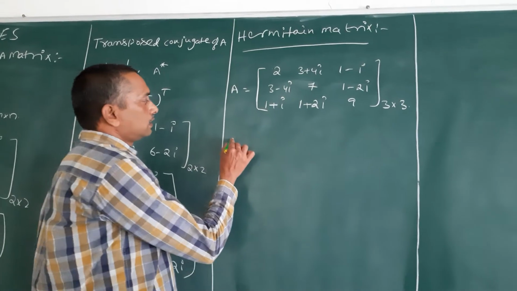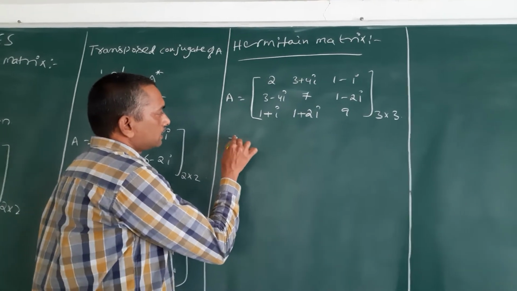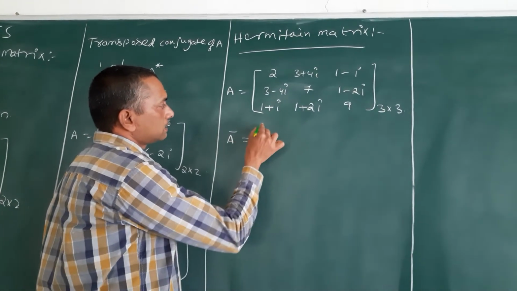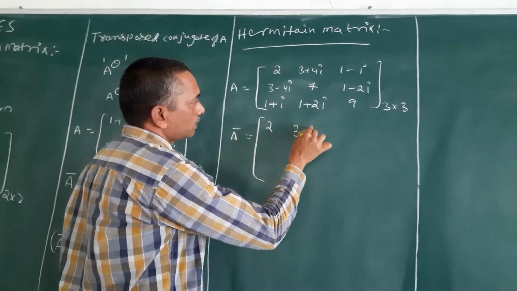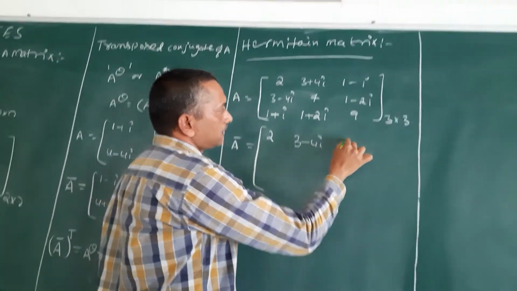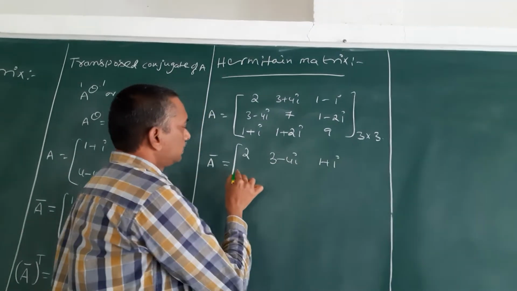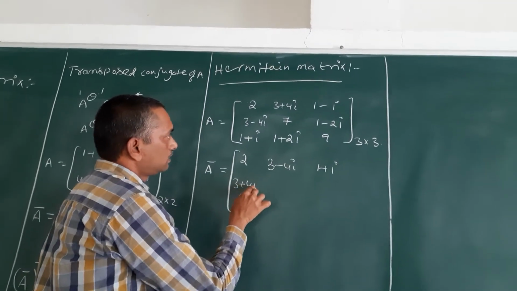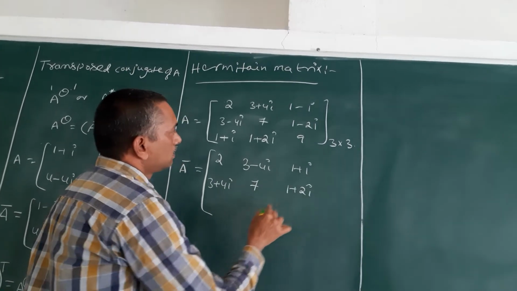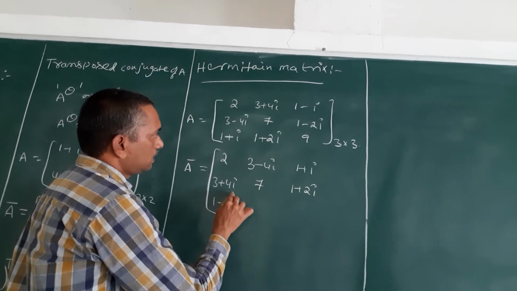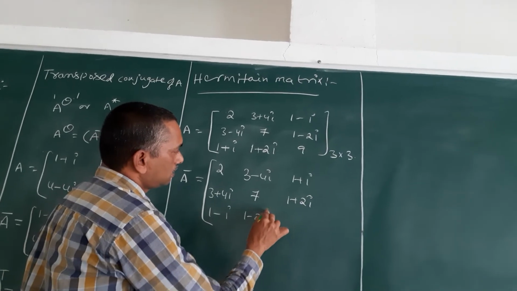What is here? The conjugate of A equals [2, 3-4i, 1+i; 3+4i, 7, 1+2i; 1-i, 1-2i, 9].